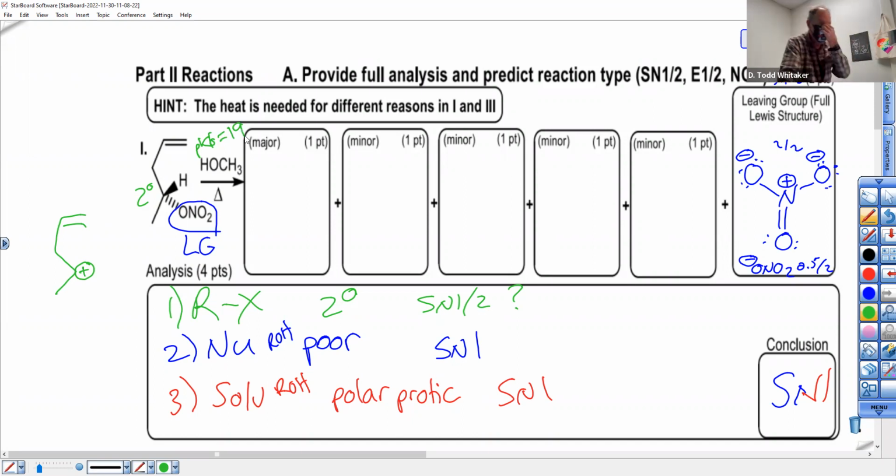It's the conjugate base of an oxonium. 14 minus -3 is 17. 17 or 18 were my two possibilities.